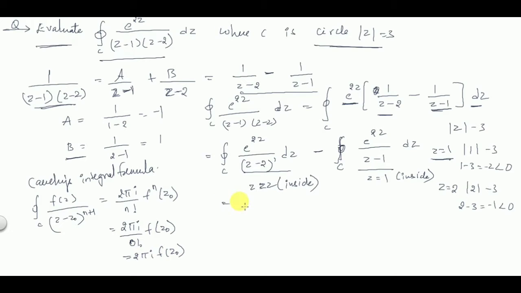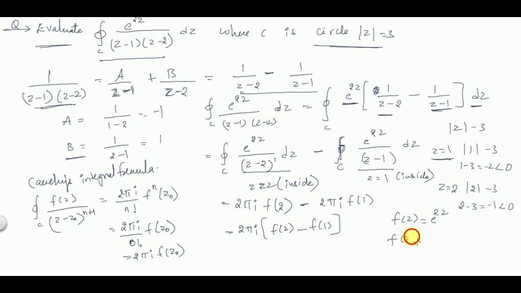So this value is 2 pi i into f of 2 for the first integral, and this is also a simple pole, so n is also 0 for the second, giving 2 pi i into f of 1. Taking 2 pi i as common, it will be f of 2 minus f of 1. We have f of z equal to e power 2z.